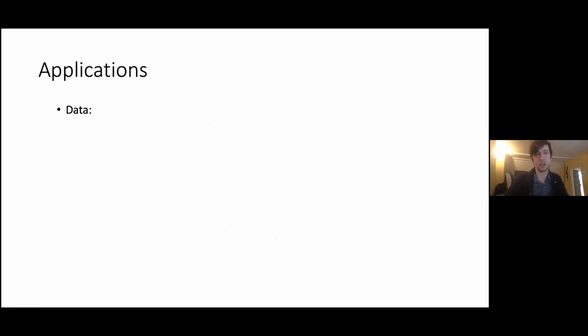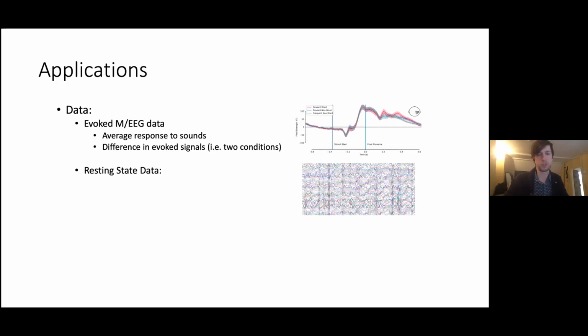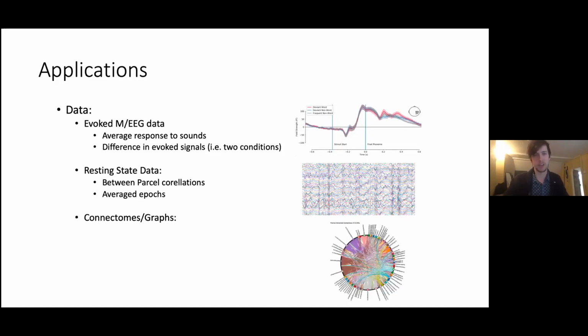A couple of possible applications. On the data side, you could be predicting evoked MEG or EEG data. This could be like an example that I use later, which is an average response to sounds, or differences in evoked signals between conditions, so you might put in a difference field. You can also look at it with resting state data, which is something I also did. You can put in between-parcel correlations, averaged epochs, broken down by frequency.